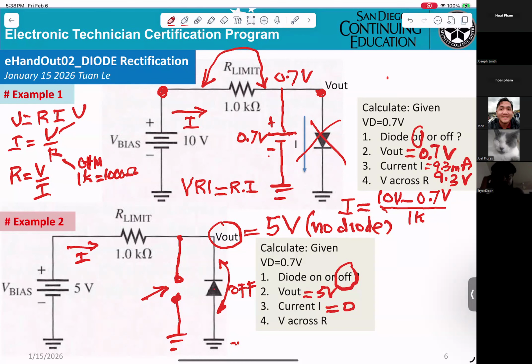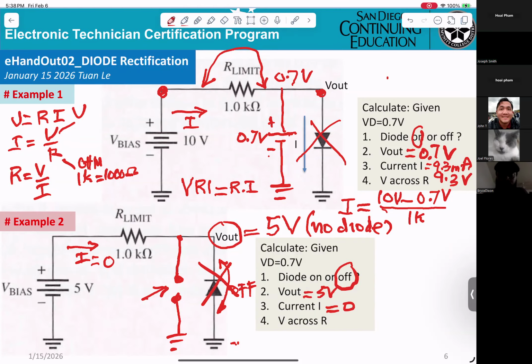Make sure you understand: when you say the diode is off, you substitute the diode by an open circuit. Forget this one. When it's open, no current can flow. So that's why the current equals 0.